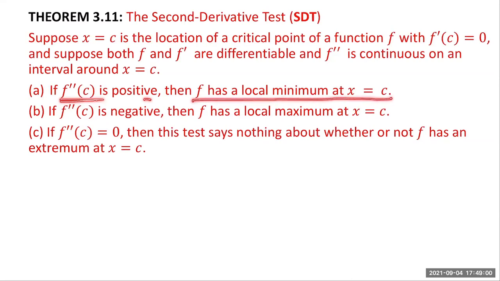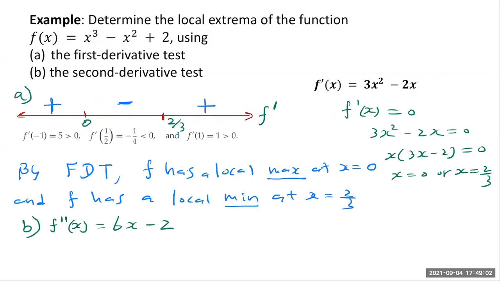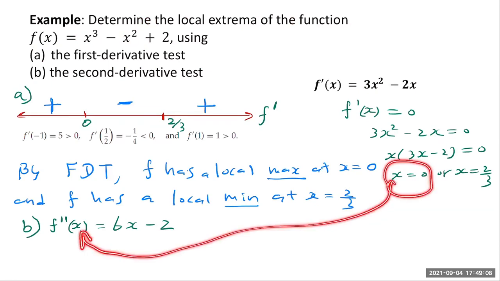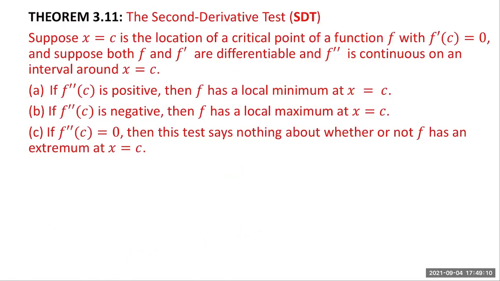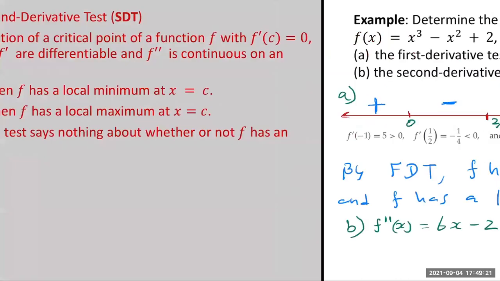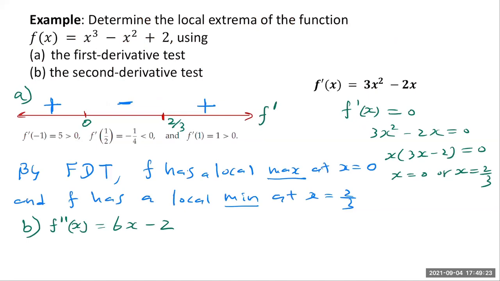So to determine what kind of local extremum we have at x is equal to 0, I have to plug in x is equal to 0 in my second derivative function. If that is positive, then I'm going to have a local minimum at that point. And if f double prime of C is negative, then I'm going to have a local maximum. So let's plug in this point.